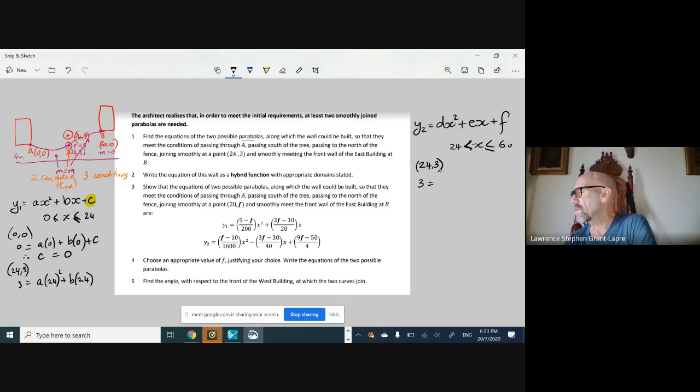So 3 equals d times 24 squared plus e times 24. We don't know f because this is a different constant over here. So we've got 3 equals 576a plus 24b. Let's just call that equation 1. And 3 equals 576d plus 24e. Let's call that equation 2.